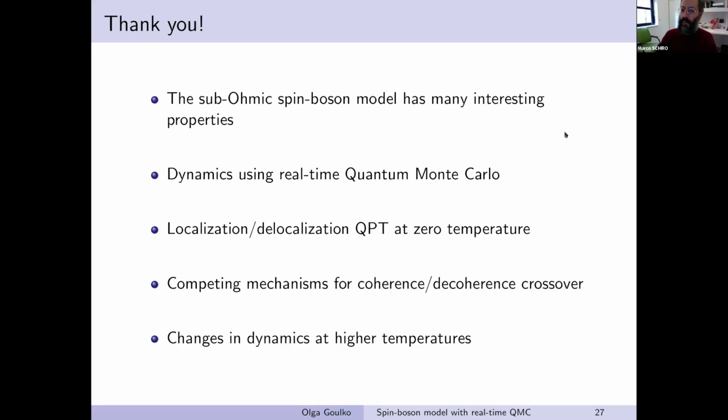I was wondering, when you compare with the equilibrium transition, the fact that in equilibrium this is supposed to be the transition of the Ising model with long range interactions is based on a quantum to classical mapping, which you typically do in imaginary time.